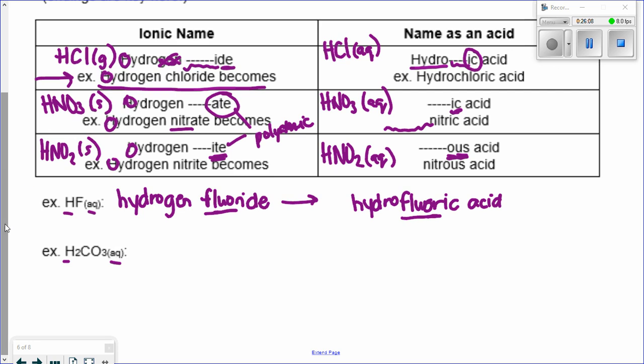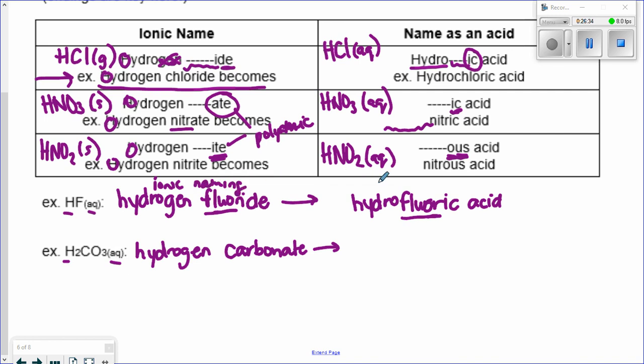Next one, H2CO3. So in order to name that, again, hydrogen, CO3 with a 2 negative is carbonate. So this is my ionic naming, and over here is my acid naming.